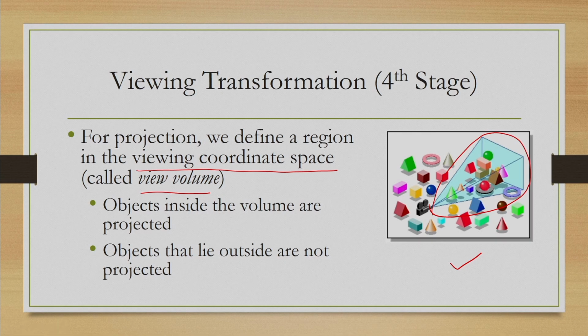So, we want to capture objects that are present within this volume. Outside objects we do not want to capture. That is typically what we do when we take a photograph. We select some region of the scene and then we capture it. So, whichever object is outside will not be projected and whichever are inside the volume will be projected.